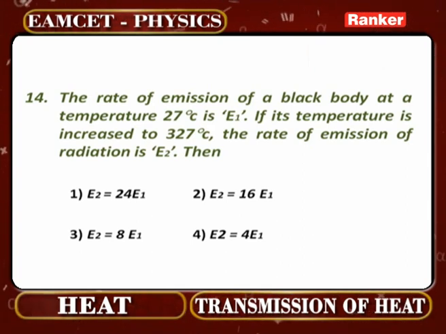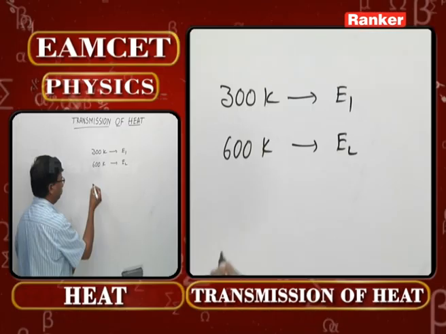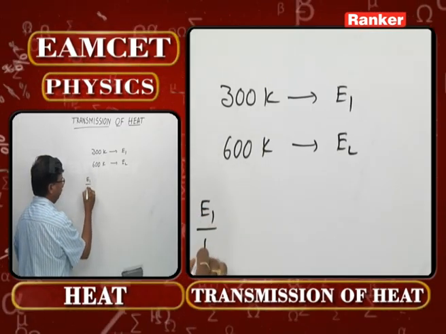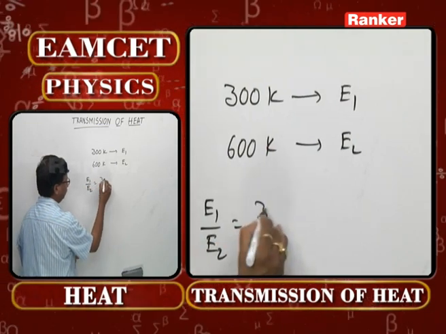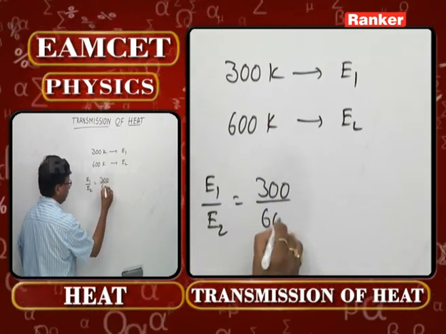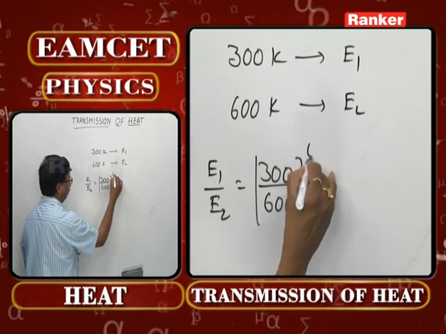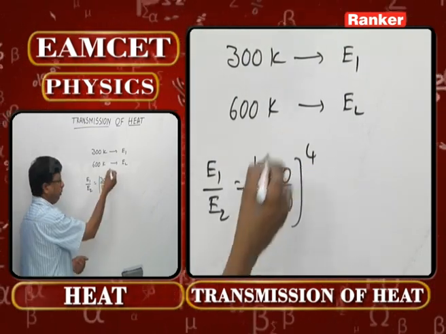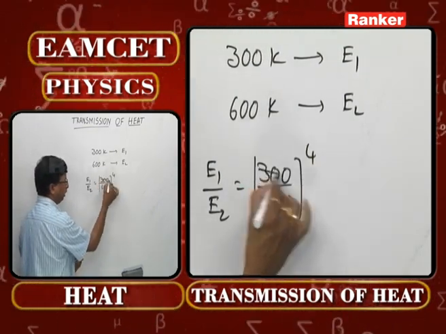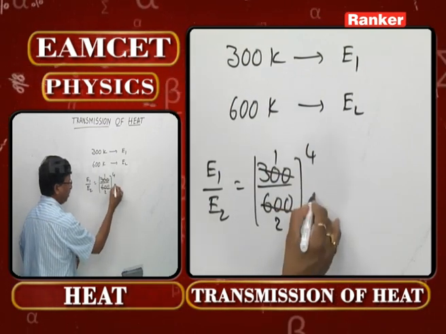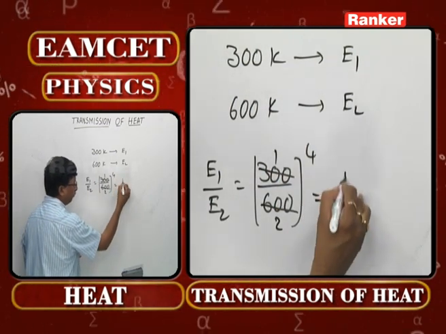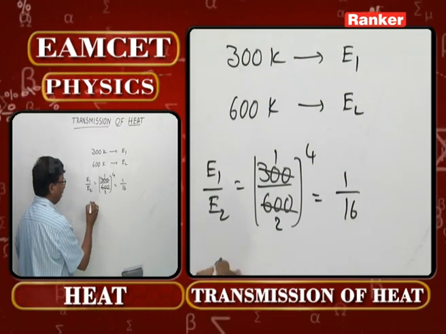Its value is given as E2. Now the question is, what is the relation between E1 and E2? Simple concept. E1 by E2 is equal to 300 by 600 whole power 4. E is proportional to T to the power 4 is the formula. This goes twice. So 1 by 2 whole power 4 now becomes 1 by 16.